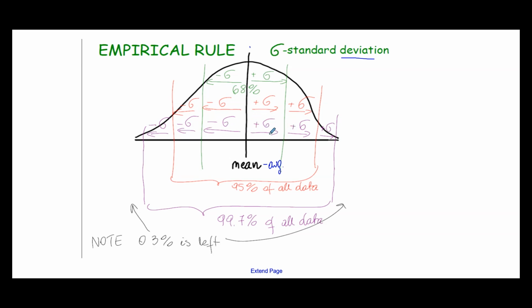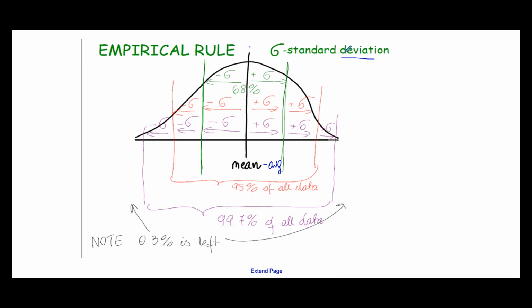We go away in both directions, because some people can sleep more than average and some people can sleep less than average. Let's not forget that the mean and standard deviation will be different for each situation.